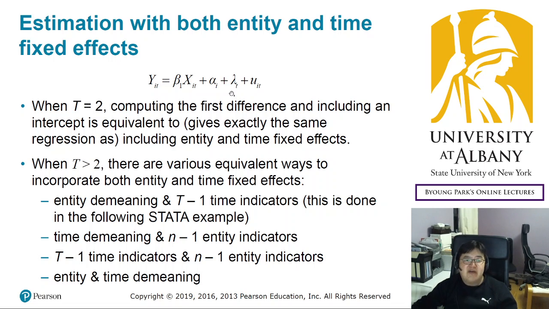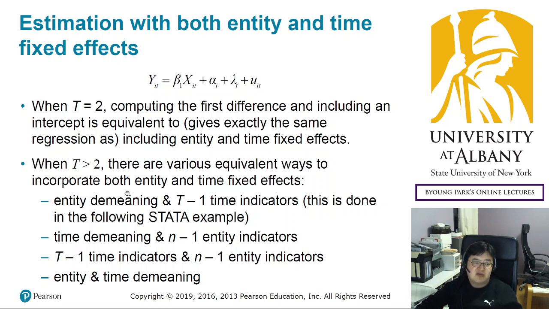However, when you have two fixed effects, it's not easy. You cannot cancel out both at the same time. So our approach is to use dummy variables for one dimension and demeaning for the other dimension.